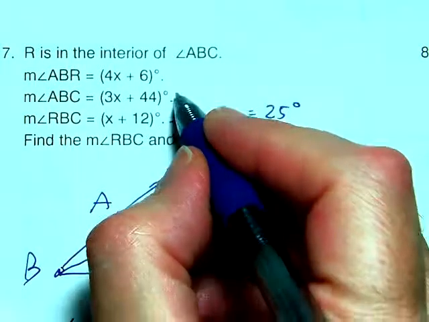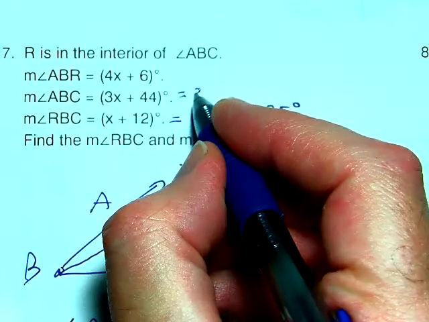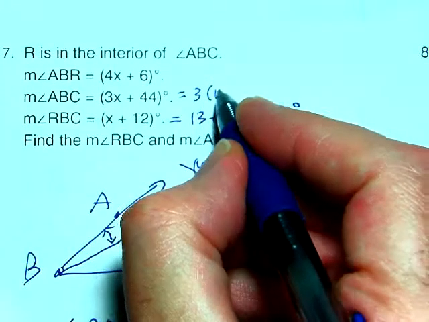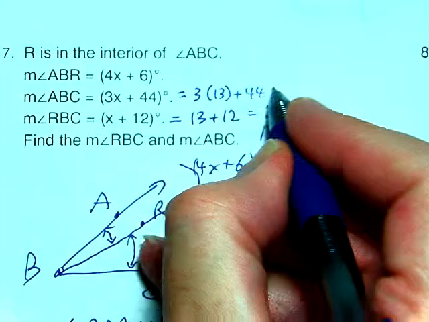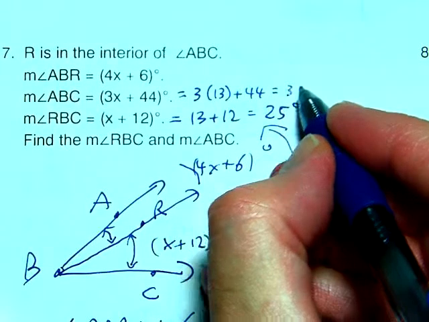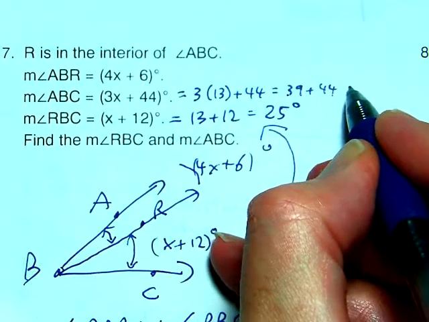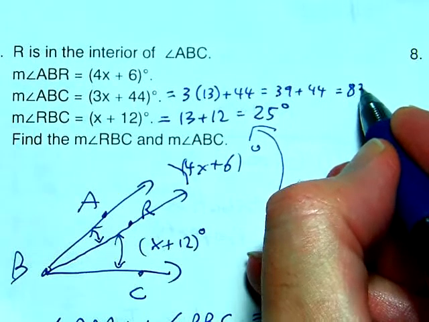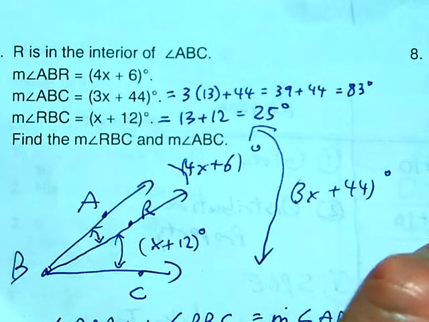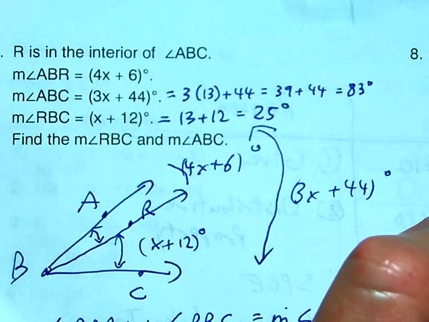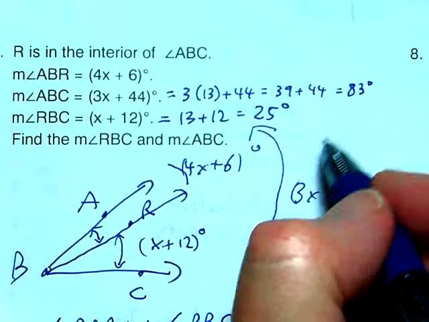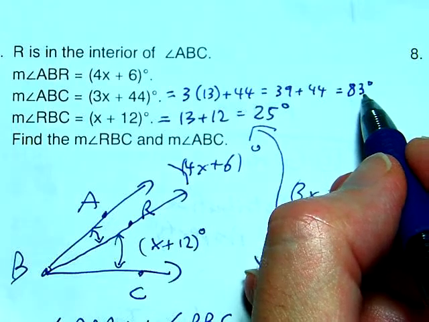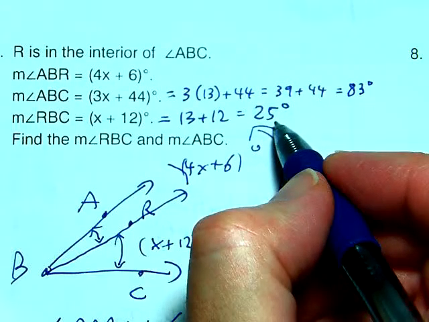The measure of angle ABC is 3 times 13 plus 44, which is 39 plus 44 degrees, which is going to be 83 degrees. Okay, and that's our answer. So the measure of angle ABC is 83 degrees. The measure of angle RBC is 25 degrees.